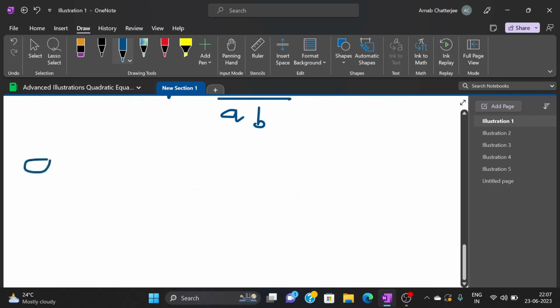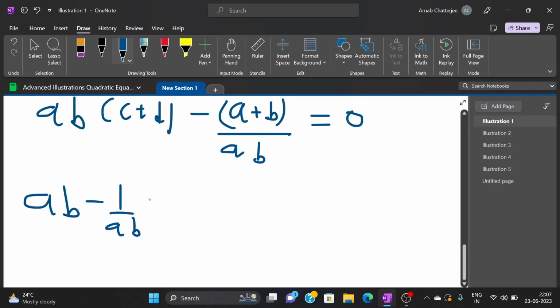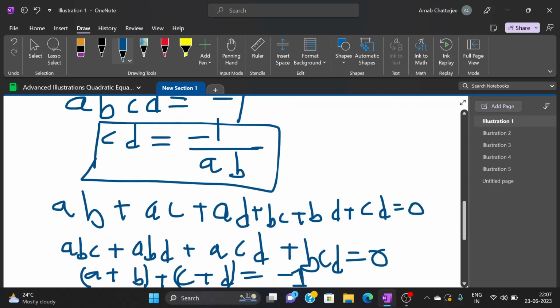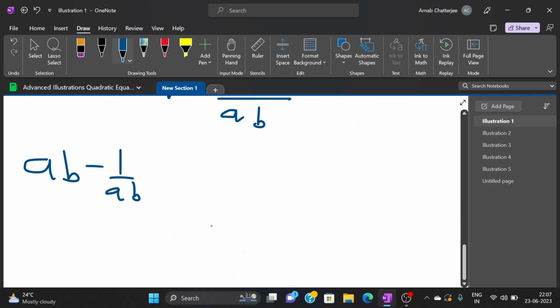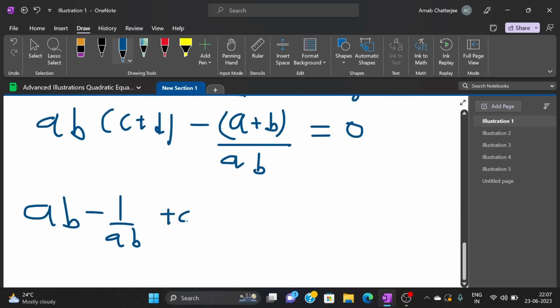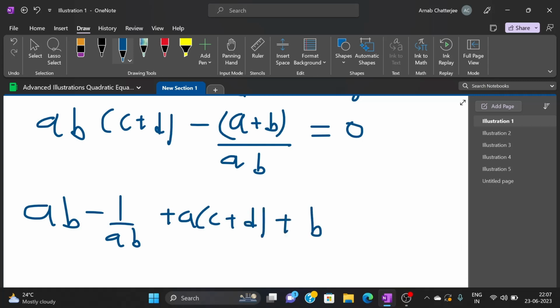So I have AB plus CD, and CD can be written as minus 1 by AB. Now the rest I am having is A times C plus D plus B times C plus D, and this is equal to 0.